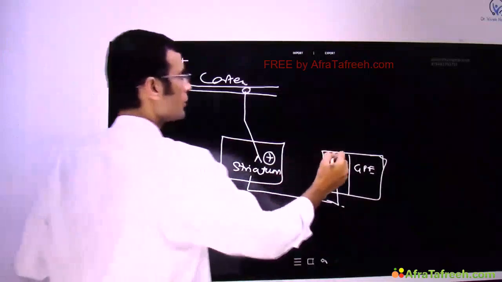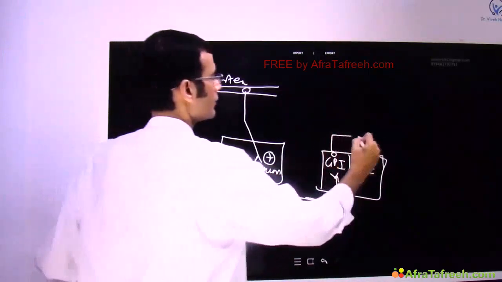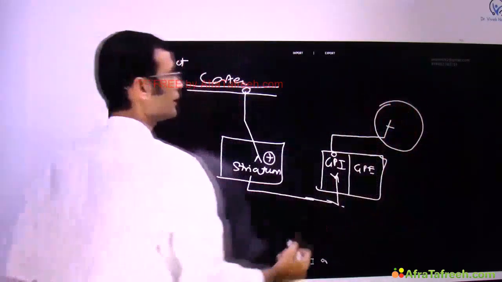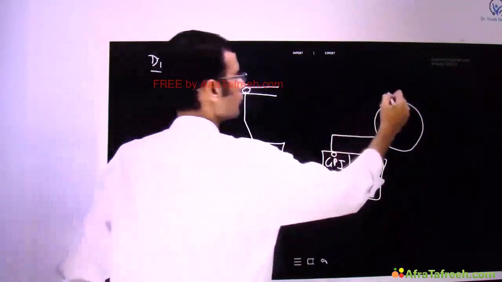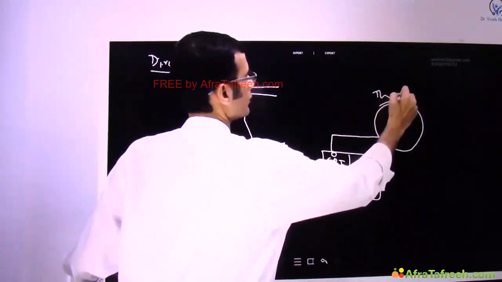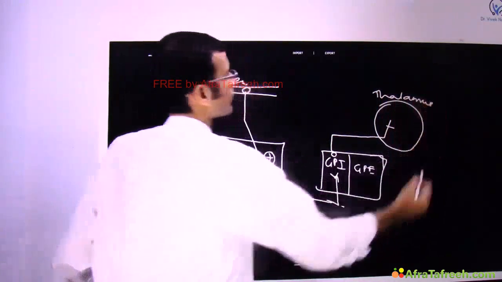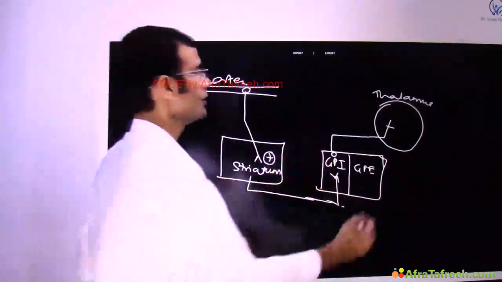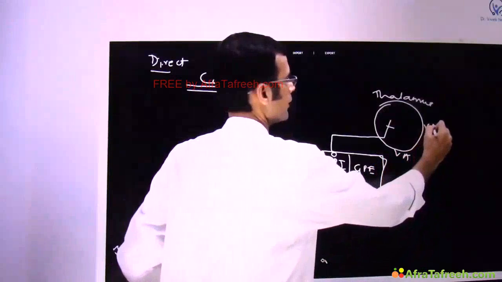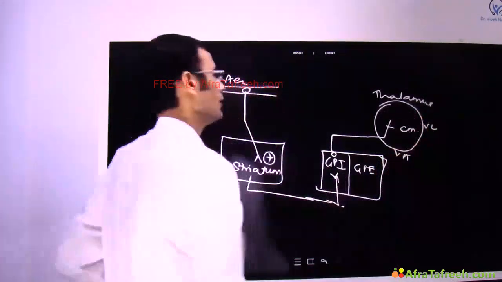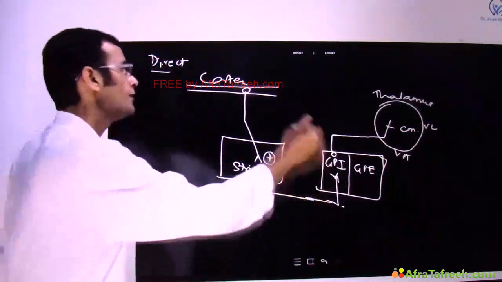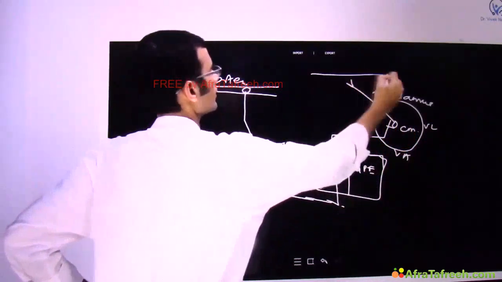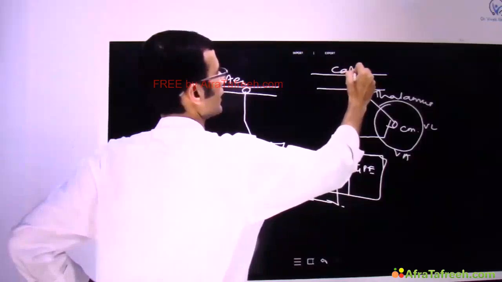From the internal globus pallidus, we have already discussed that the fiber that goes out is from the internal globus pallidus. So this fiber goes out to the thalamus. We also know that there are three thalamic nuclei involved in the motor function, ventro-anterior, ventrolateral and centromedian nuclei. And via these nuclei, the signals will go back to the cortex, completing the circuit. That's the direct circuit.